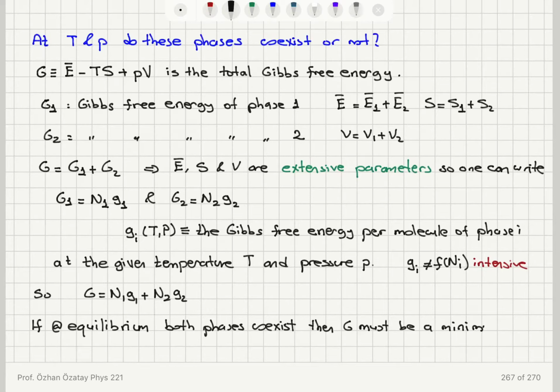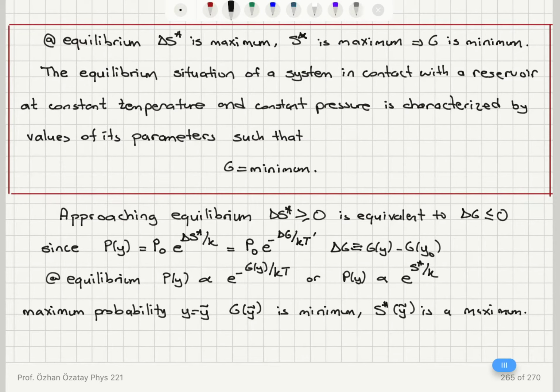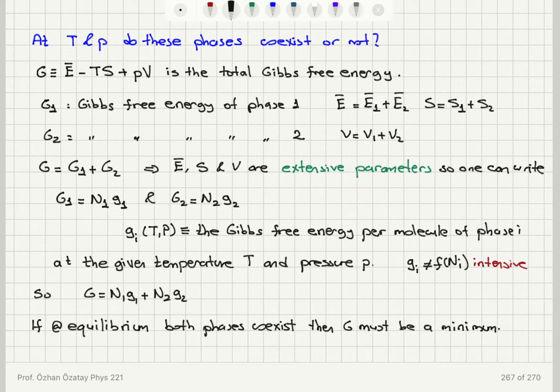And remember that the total Gibbs free energy becoming a minimum basically guarantees that the entropy of the system is maximized. So going back to our previous discussion, you can see that S star is maximum. The total entropy being maximum is guaranteed by the total Gibbs free energy becoming minimum. So that's the same condition.